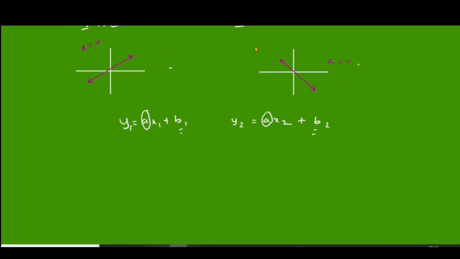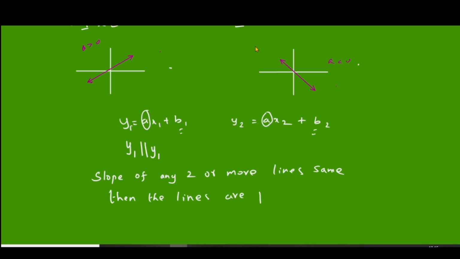So for all lines whose slopes are the same, those lines are parallel to each other. Slopes are the same, then the lines are parallel.